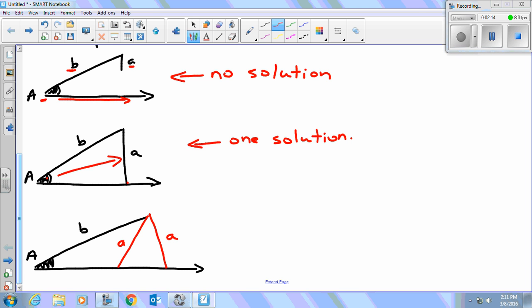And so this is called the ambiguous case because we might have no solution, one solution, or possibly even two solutions, where with the information we're given, there are two different possible triangles. One where angle B here is quite a large obtuse angle, and the other one where angle B would be a smaller angle.